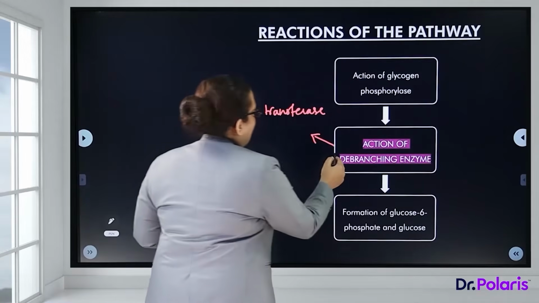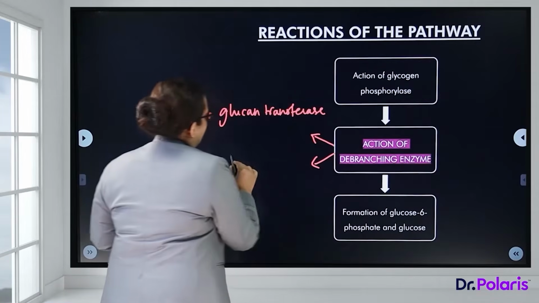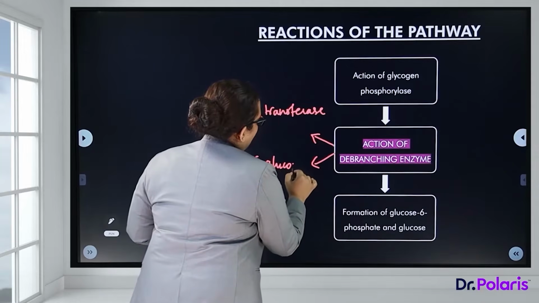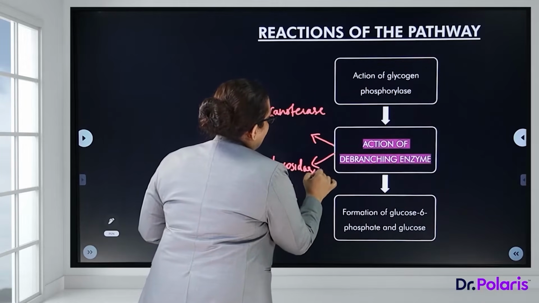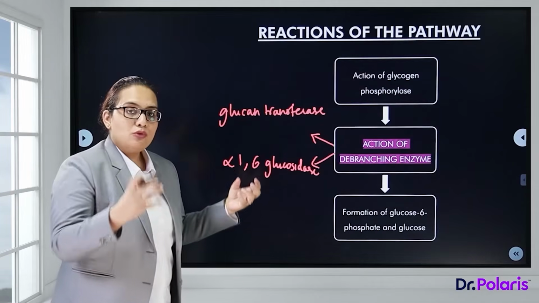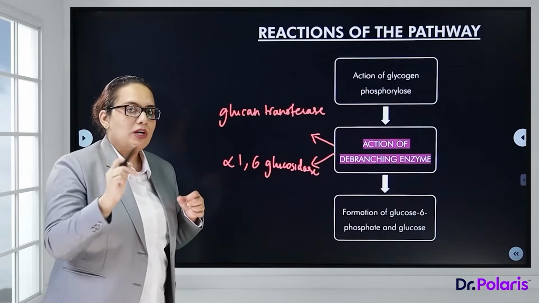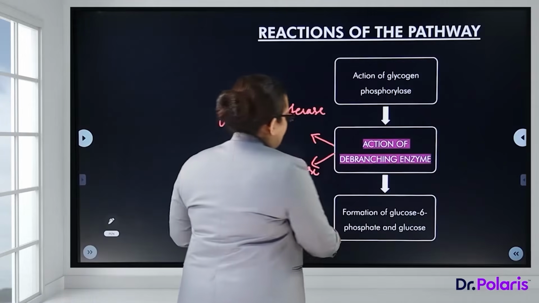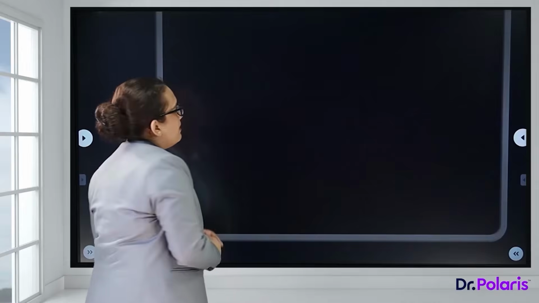The other activity shown by debranching enzyme is an alpha 1,6 glucosidase activity. Glucosidase means removal of a glucose, and alpha 1,6 means removal of the glucose at the branch point where the alpha 1,6 linkage exists.